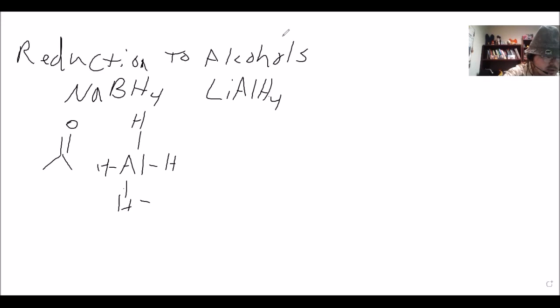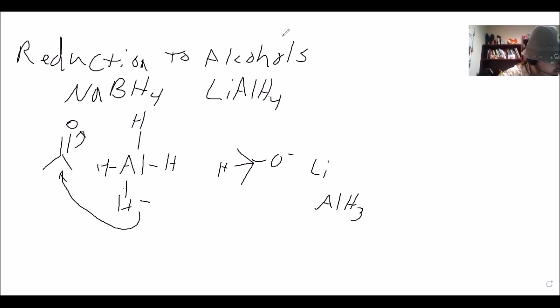So the negatively charged hydride, we can add it here, swing it up, and then you form some form of hydrogen, O minus, which is then attracted to the lithium. And then we have aluminum hydride floating around. And then in the presence of water, bada boom, bada bing, we have a secondary alcohol. So a ketone can be turned into a secondary alcohol in that way.